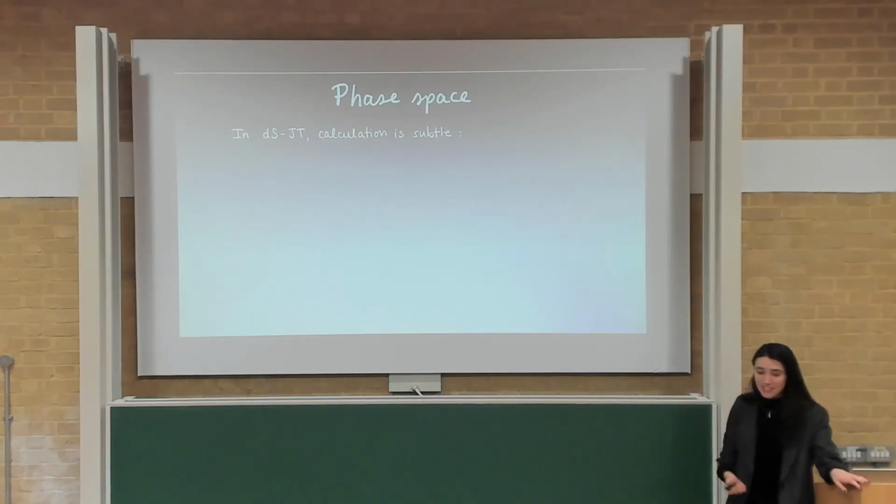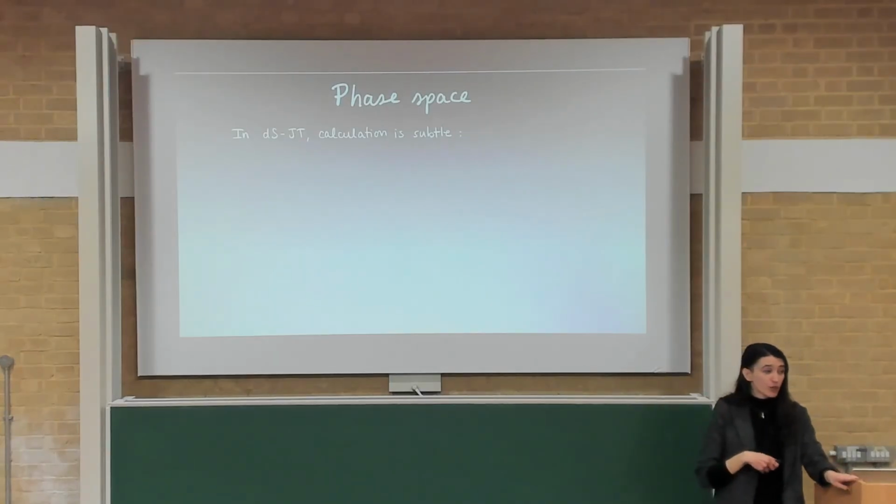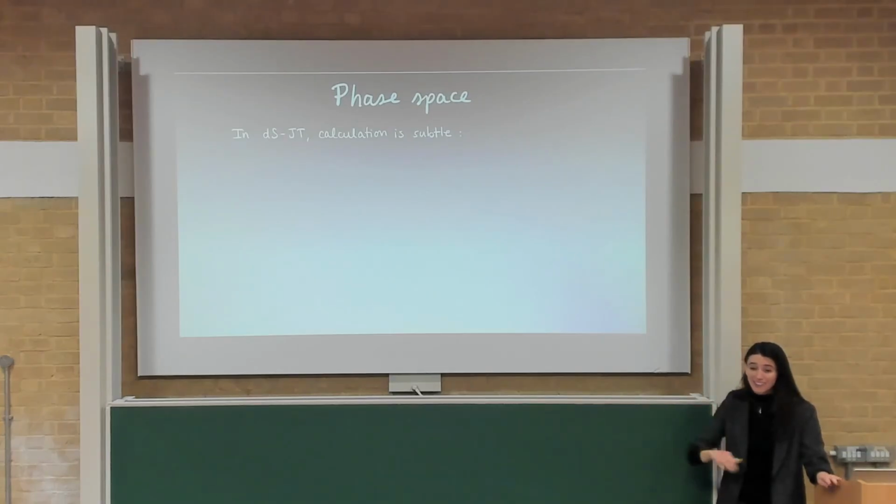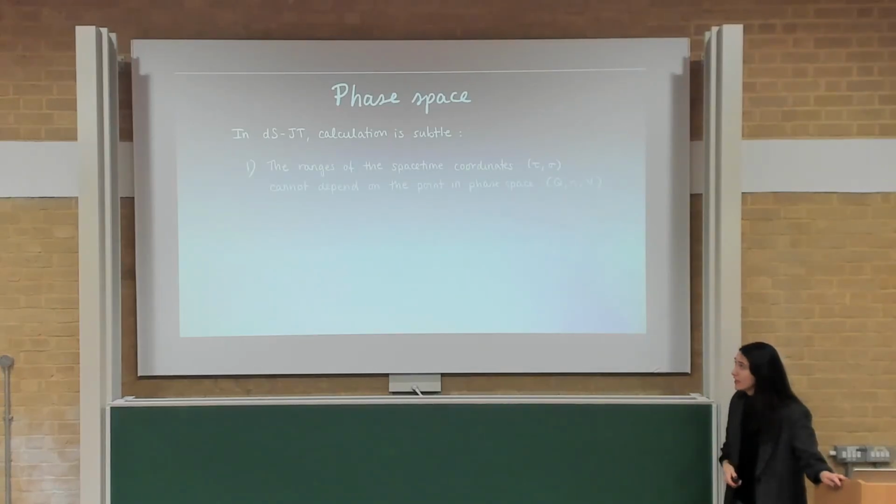In de Sitter JT, the calculation of the symplectic form is quite subtle, because if you try to follow this well-studied approach that I described earlier in the previous slides, you get nonsense. These are the second set of challenges that, in addition to the non-Hausdorff, non-manifold phase space, made this problem hard to solve. There are two particular challenges to calculating the symplectic form in de Sitter.